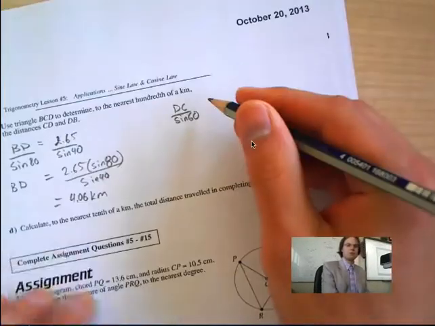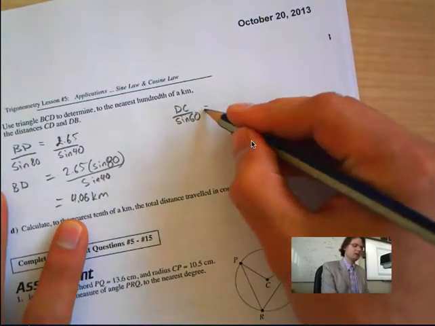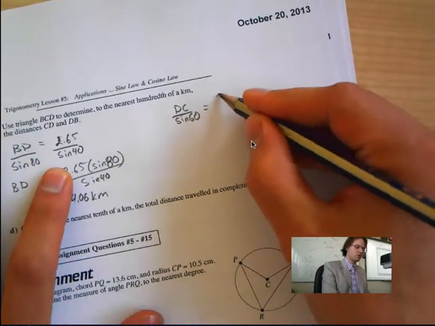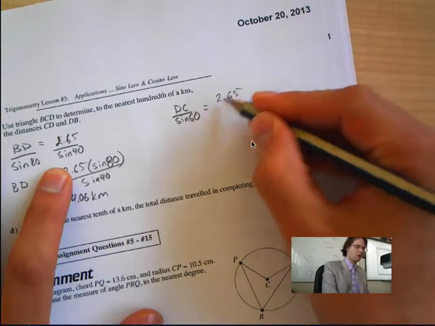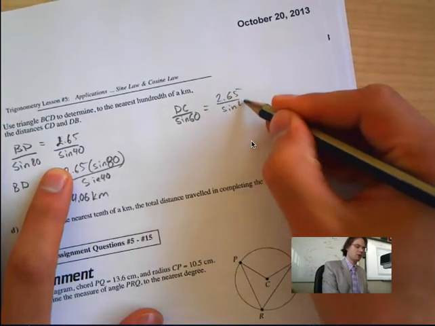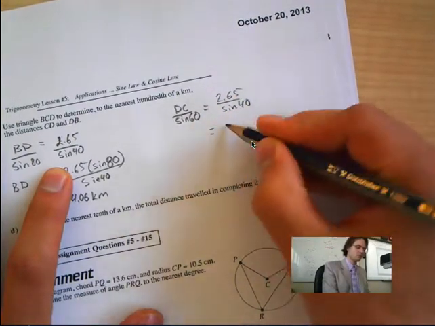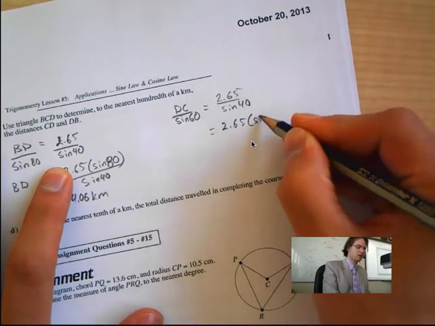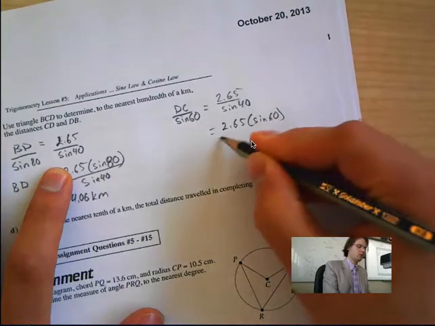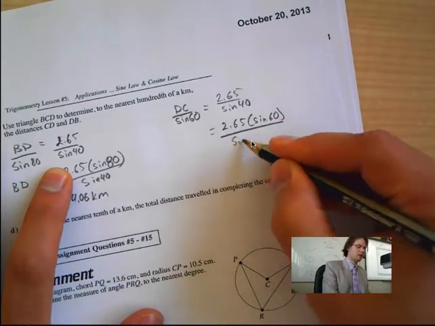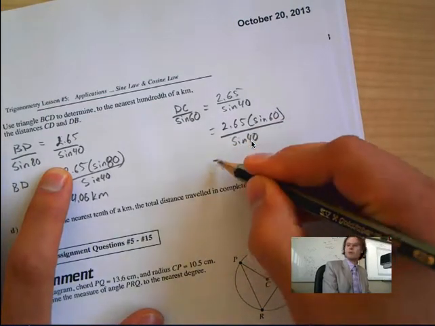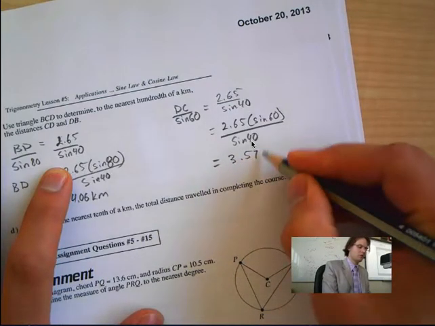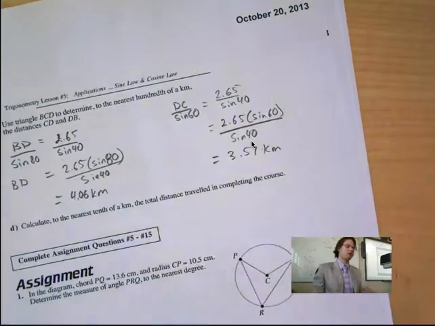So we have DC over sine 60 is equal to 2.65 all over sine 40. So we're going to end up getting 2.65 multiplied by sine 60 all over sine 40. And this is going to end up giving you 3.57 kilometers in our calculator.